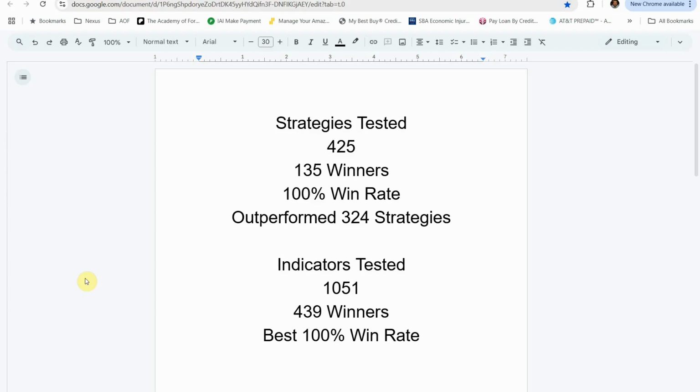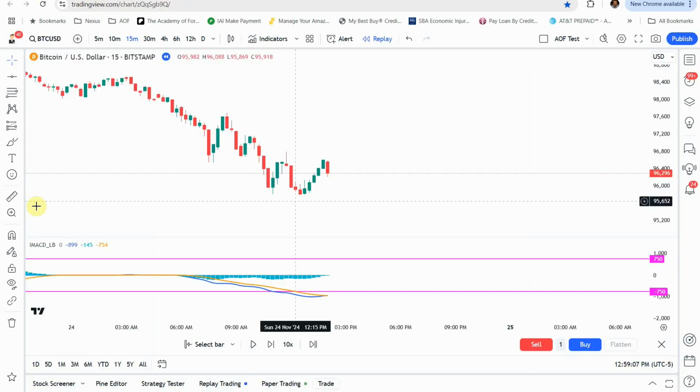That was actually achieved using a live trading account, using the Academy of Forex indicator to trade the crypto scalping strategy that I mentioned in this video. And since we've been keeping track, it has outperformed 324 of the other strategies that we have put it up against, every single one so far. We've also tested a total of 1,051 indicators, with 439 of them being winners.